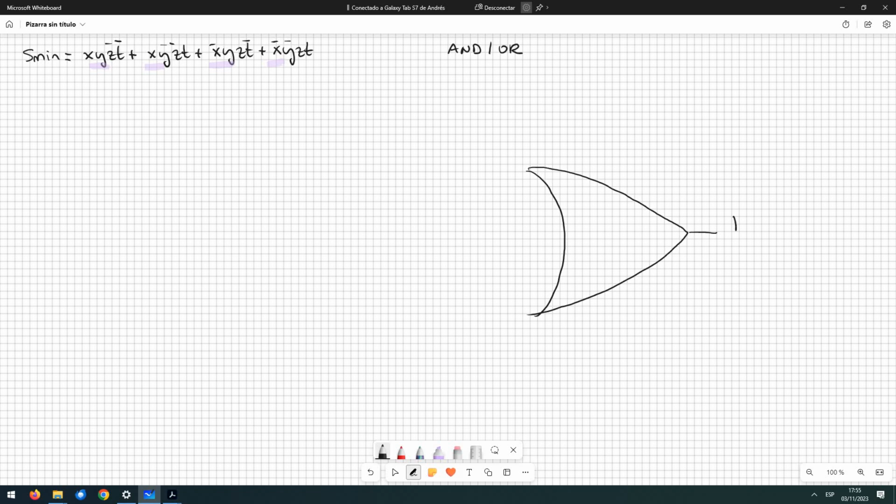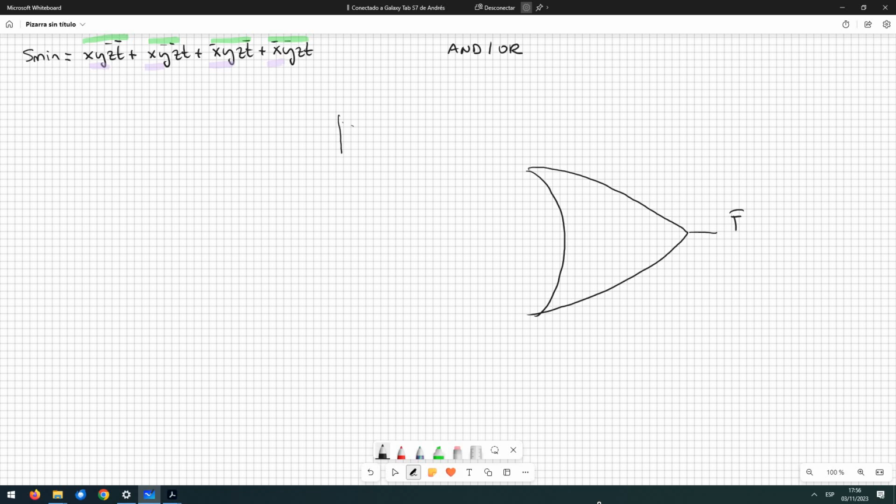So this is the function, and the inputs are going to be 4 AND gates, 1, 2, 3, 4, with 4 inputs.